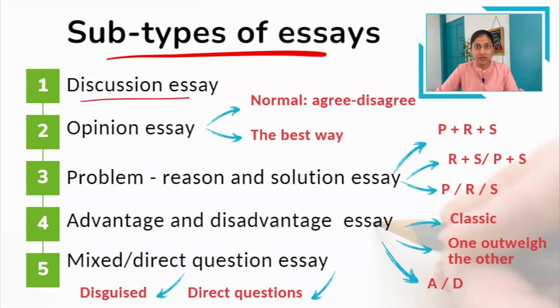All right, cool. Let's move on to the next essay type, which is opinion essay. Here we have seen that it may ask you for a normal agree, disagree, right? Which can also be as the question can be framed differently, as to what extent do you agree, disagree. But then we have also seen that there is something called the best way essay.